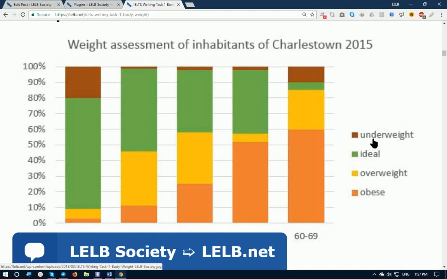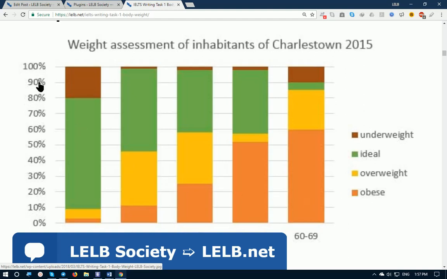So here is the graph guide. This color, brown, shows underweight people. Green shows ideal body weight. Yellow indicates overweight people, and orange indicates obese people.